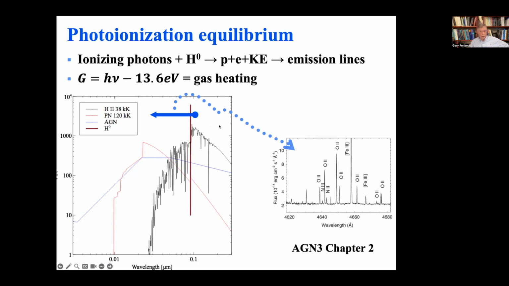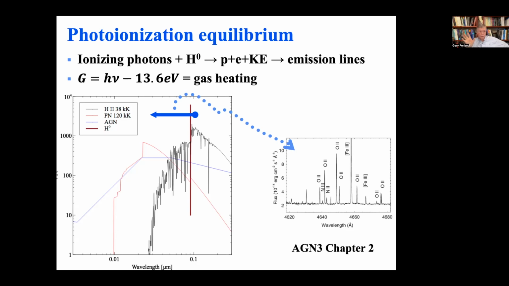The black one with a lot of structure is a pretty good O star SED that you might want to use for a galactic H II region. The much simpler red SED is for a hotter planetary nebula nucleus, at 120,000 Kelvin. The O star is something like 38,000 Kelvin. And finally, the blue line is an AGN spectrum.